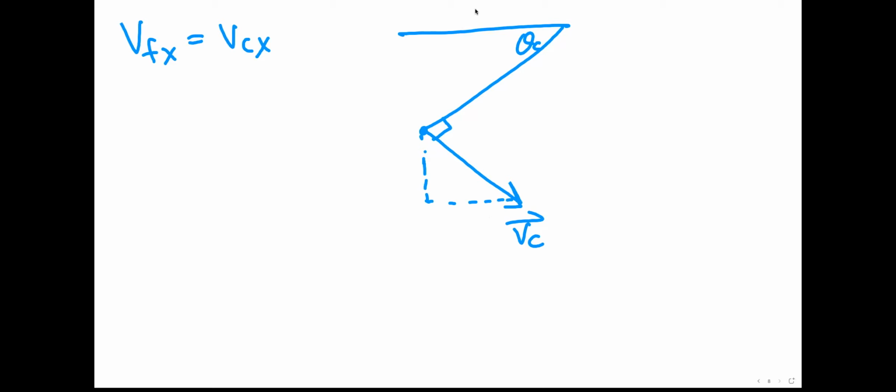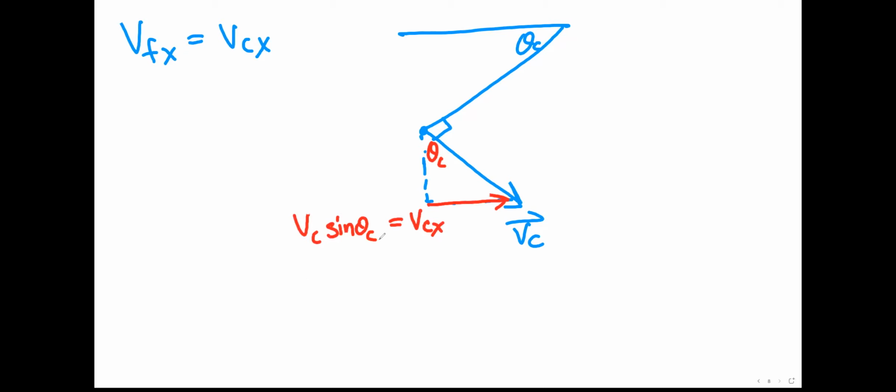Let me get the red. Oh yeah, and we figured out theta is at the top there. So we want VCX, right? So this will be VCX, and that equals VC sine theta. Very good.